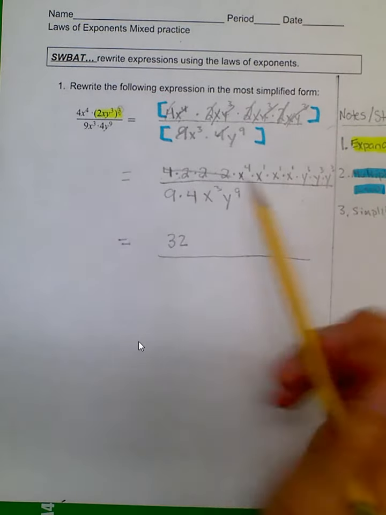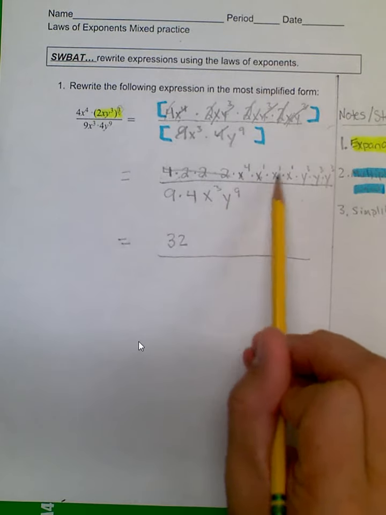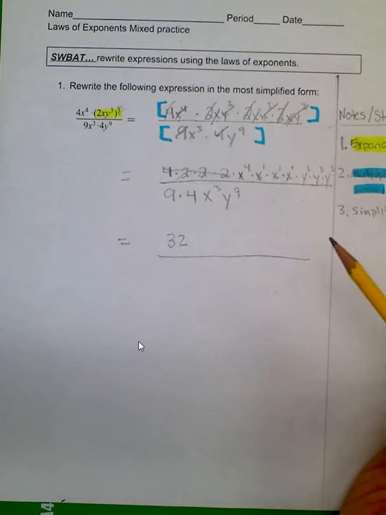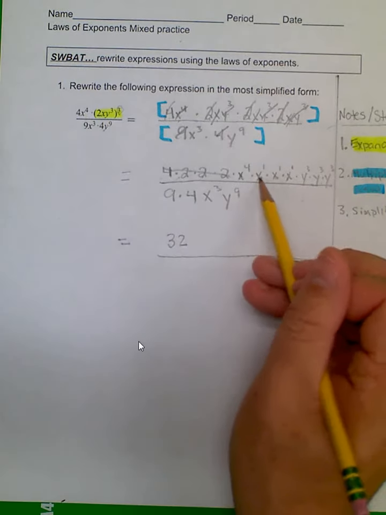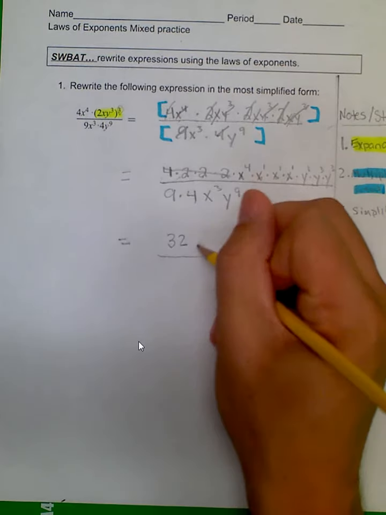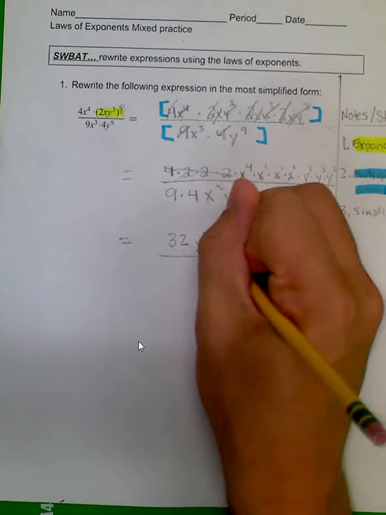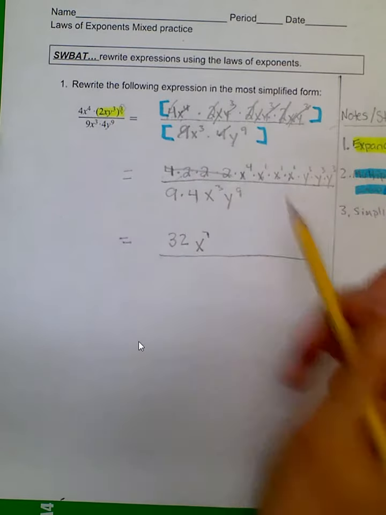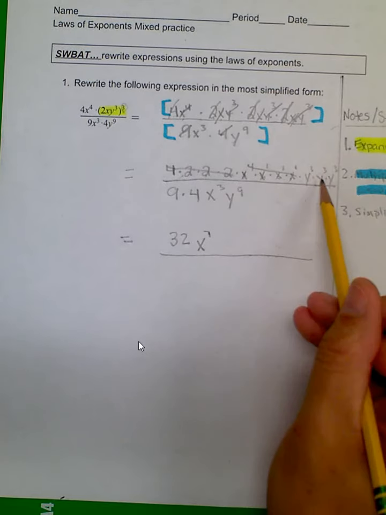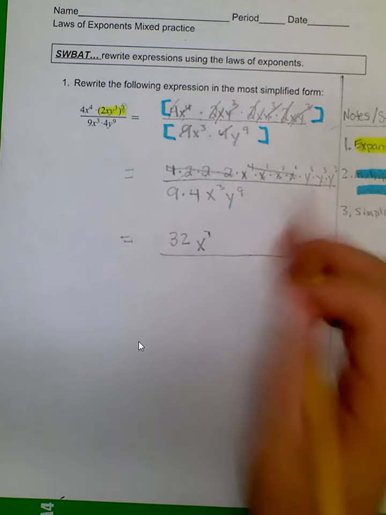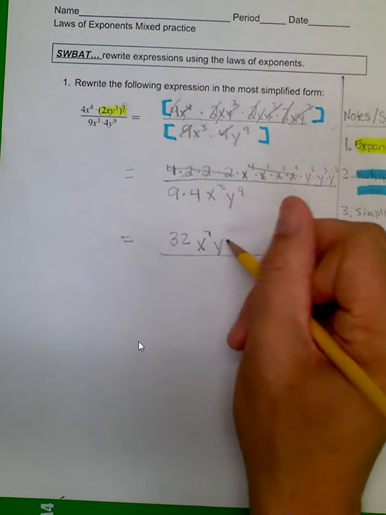And now I'm going to use the multiplication law, which says multiplying similar bases, what's the shortcut? Right, add the exponents. So x to the fourth times x times x times x gives us x to the 4, 5, 6, 7, x to the 7th power. And similarly, y to the third times y to the third times y to the third is just y to the 3 plus 3 plus 3, which is 9.